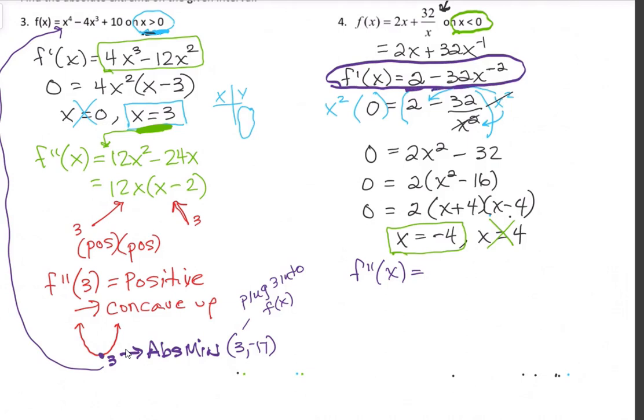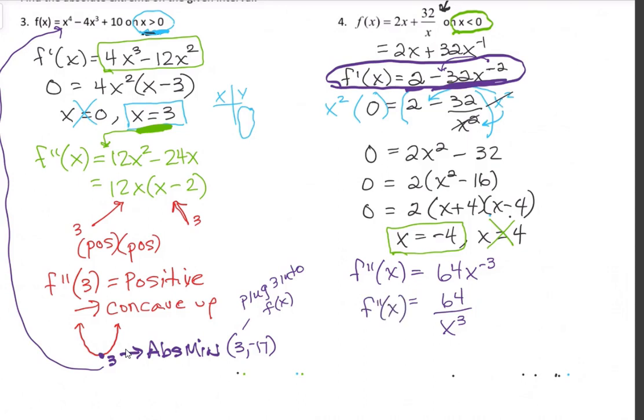And then the derivative of this -32x to the -2, when I bring that -2 out front, it's going to make that a positive 64. Subtract 1 from the exponent, so it gives me 64x to the -3rd, which I then want to rewrite with a positive exponent, so 64 over x cubed is my second derivative.